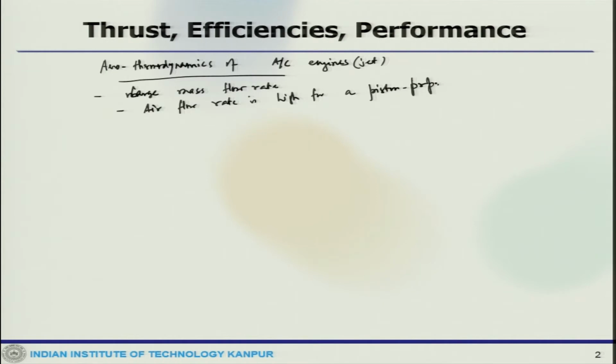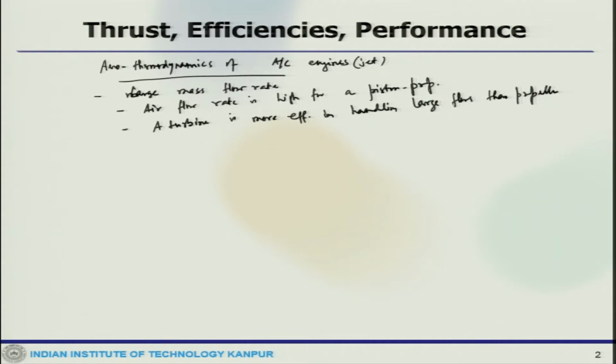Now, a turbine is more efficient in handling large flows than a propeller.